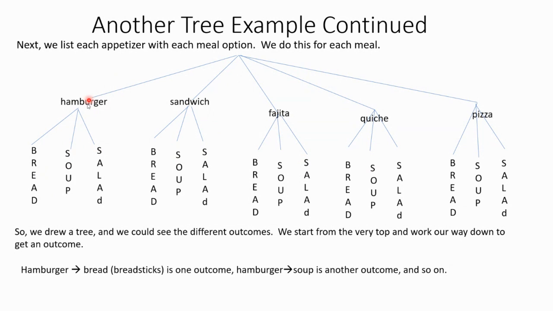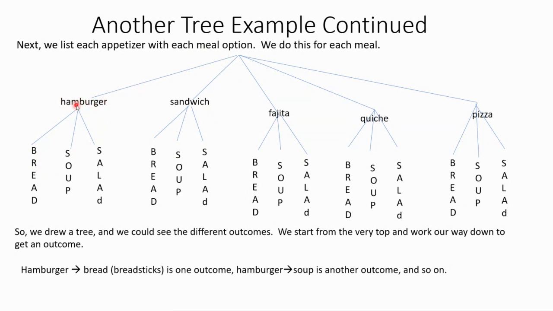And you can actually list all the outcomes efficiently. To get each outcome, you start from the top and go down a branch all the way to the very bottom. The path you take gives you an outcome. So you can have a hamburger, then breadsticks.